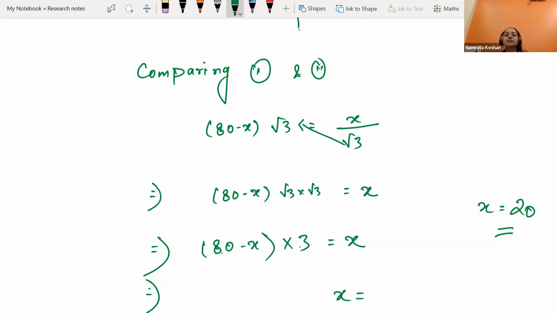So what is the x value you are getting from here? Very basic, one or two steps are required to take out the x value. Everyone, please respond.